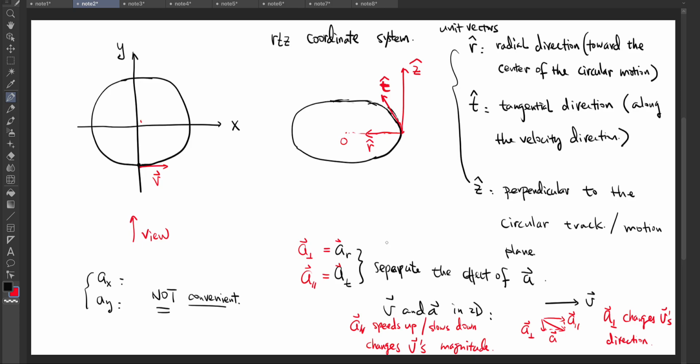They're the same. So we're building this RTZ coordinate system just to accommodate that kind of decomposition of A, so that it's easier to separate the effect of A into these two directions.